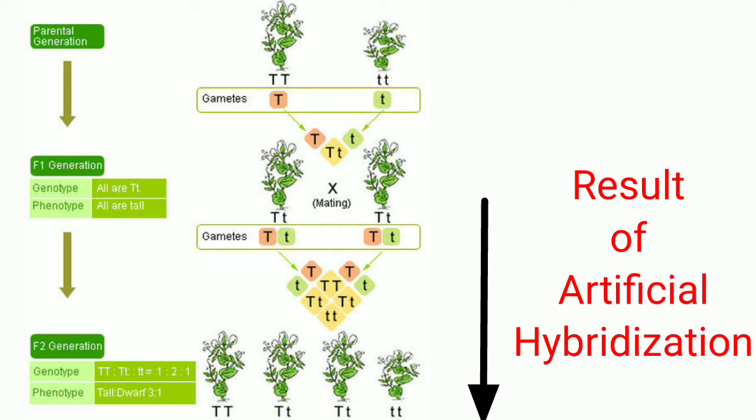He made one plant male, another plant female, and in that way he allowed cross-pollination by a method called emasculation.